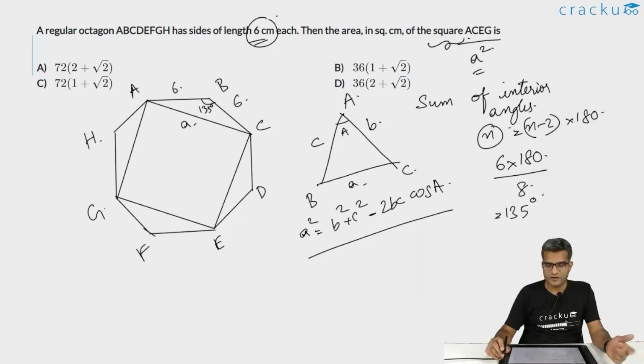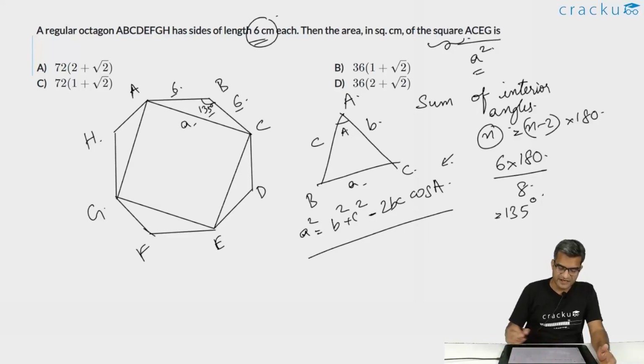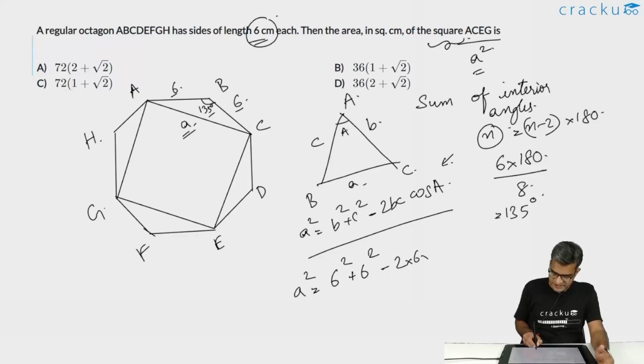If you know the lengths of 2 sides and the angle between them, this formula can be applied. So in this particular case, we know the value of 2 sides and the angle in between them. So we can calculate the value of the third side. So a square is equal to 6 square plus 6 square minus 2 into 6 into 6 into cos 135.